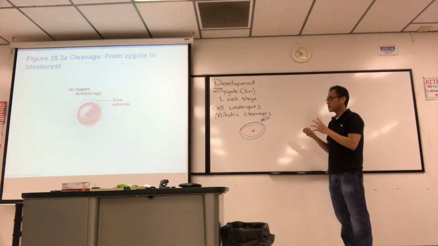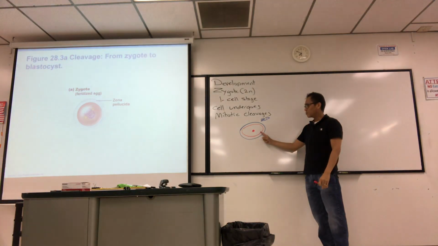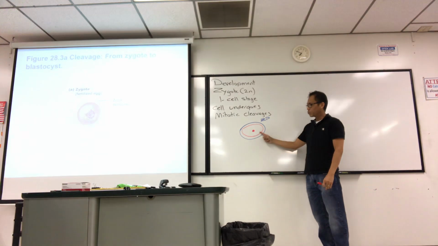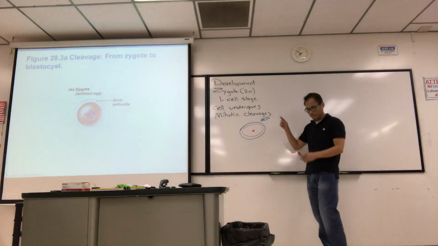Now the zona pellucida has this kind of rigid shape. It doesn't change. So if one cell is going to become 2, you don't double the space because ZP prevents that. So the cell has to reduce in size. That's what a cleavage is, where the daughter cells reduce in size with each division.